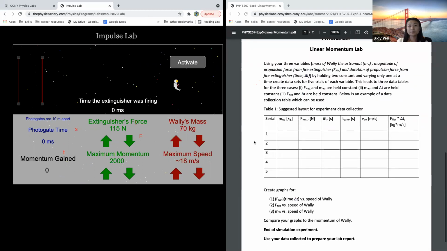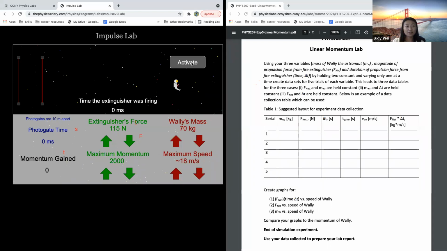So if you keep these 2 constant, the mass is always 7 kilograms, the F net is always 115. You can change them, but you have to keep them constant for the first table. And delta t is your variable, the only one that changes this time.